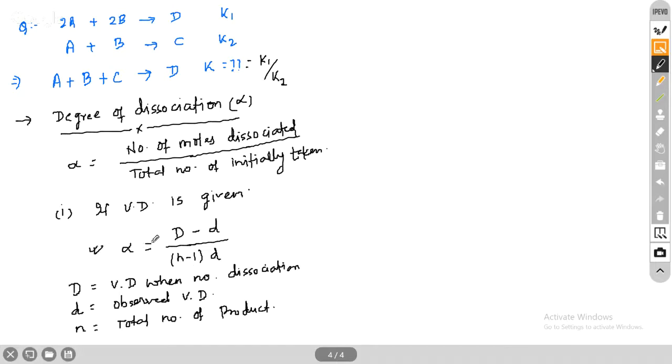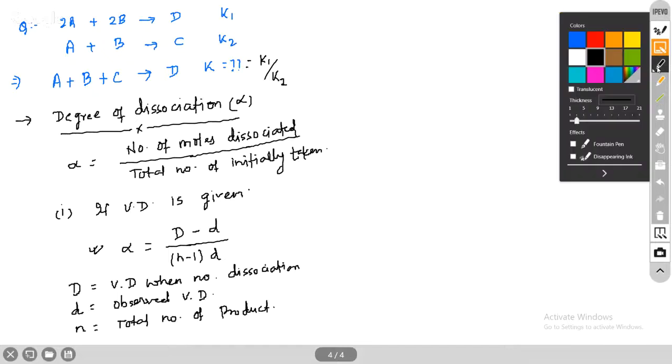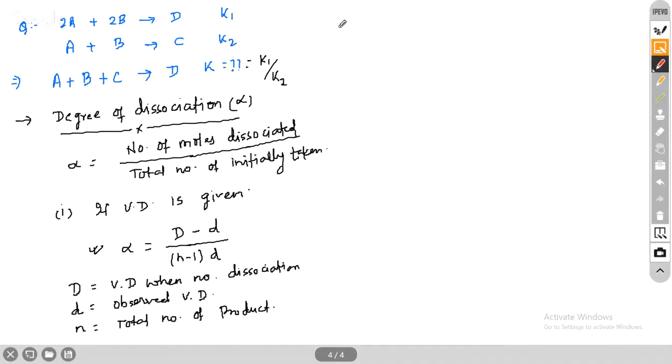Now vapor density and molar mass also have a relation. We know molar mass is equal to 2 into vapor density, correct? So this formula we can also write in terms of molar mass. The second formula will be alpha is equal to capital M minus small m divided by (n minus 1) into small m.